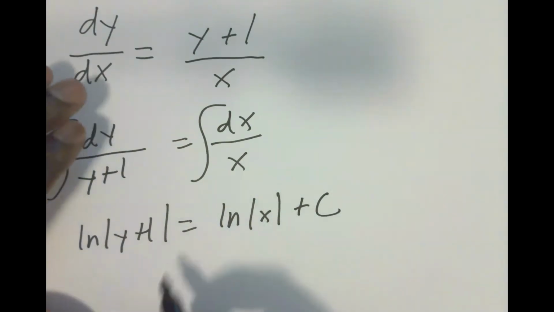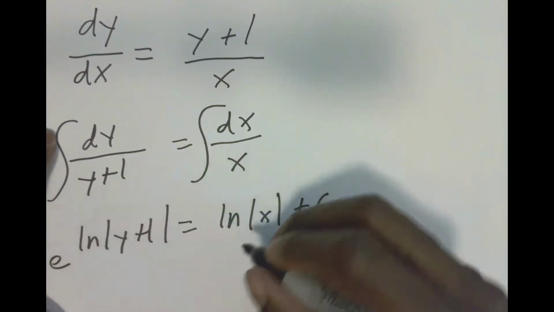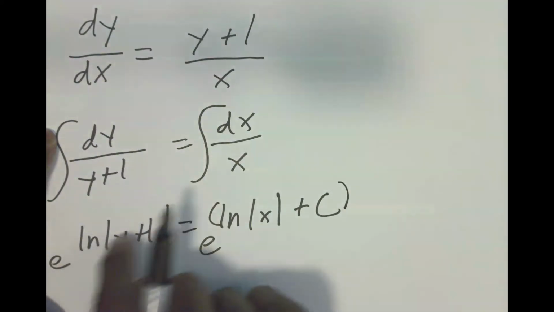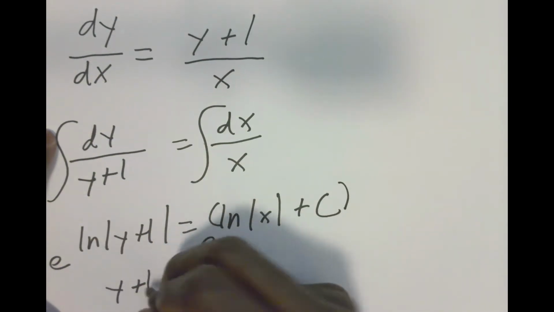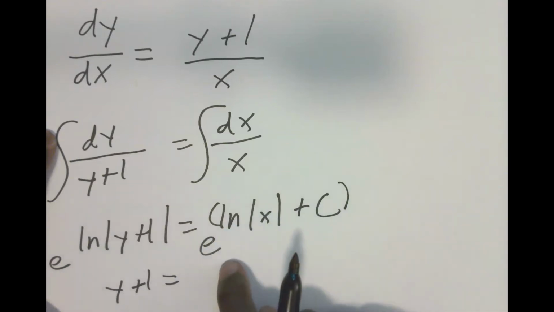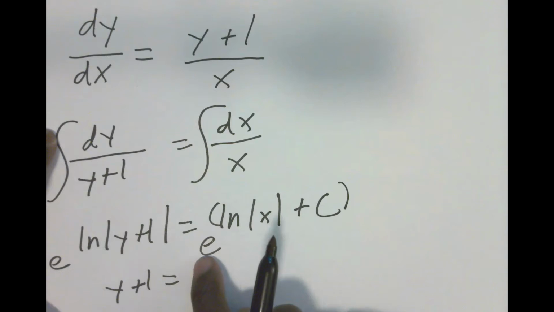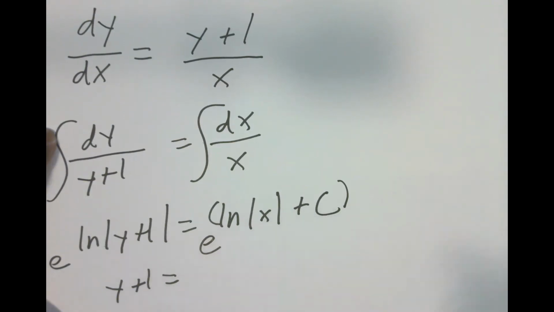So there's a little algebra involved. And so what we'll do is we'll make these exponents of e, and e to the ln of y plus 1 will just give us y plus 1. And e to the ln x is just x. And this will be e to the c times e to the x, if you understand the properties of exponents.